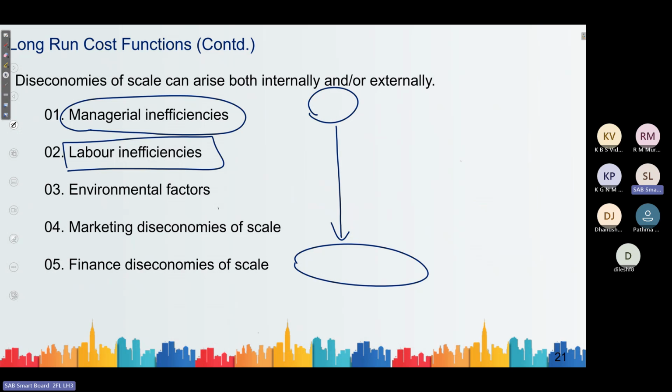Likewise, labor inefficiencies will be there. And also, if the top management fails to properly communicate to laborers what they should do, laborers will perform the intended tasks in the wrong way. So that also will create labor inefficiencies.